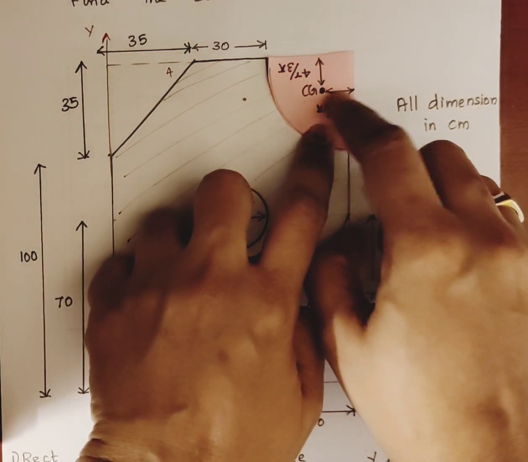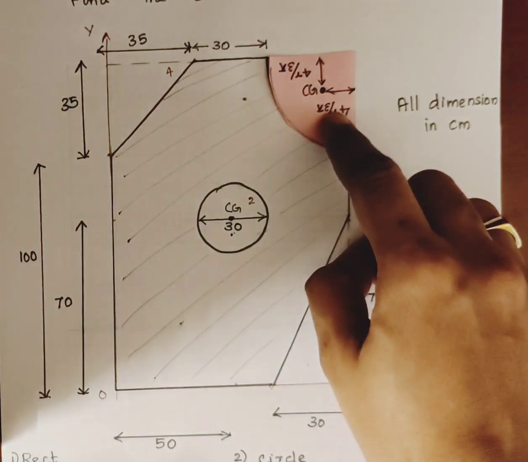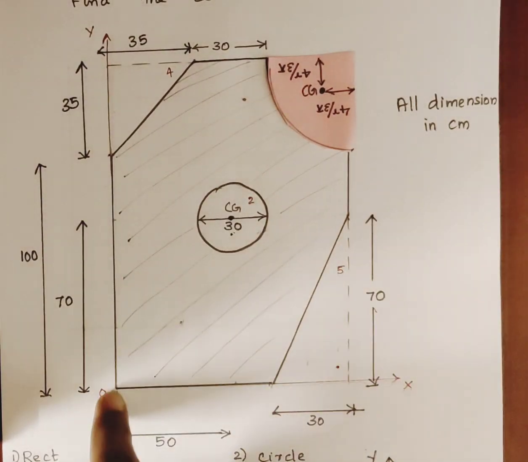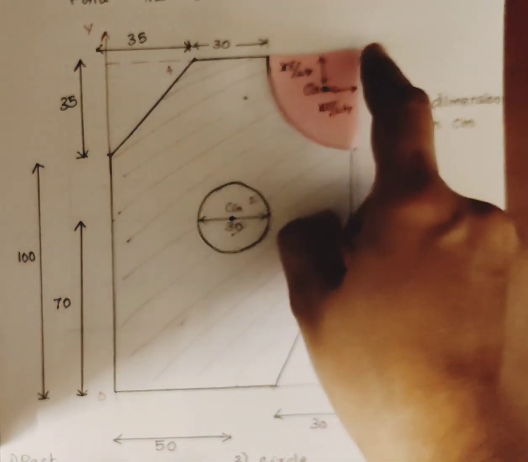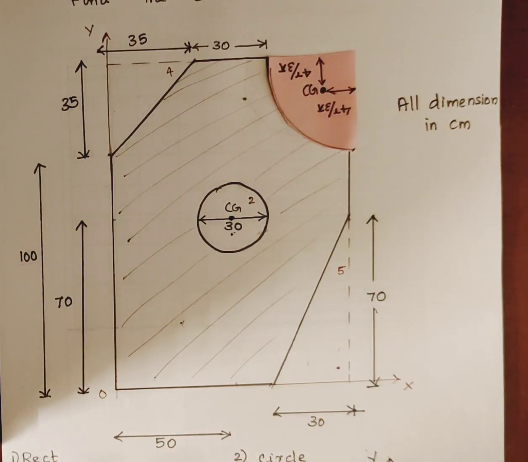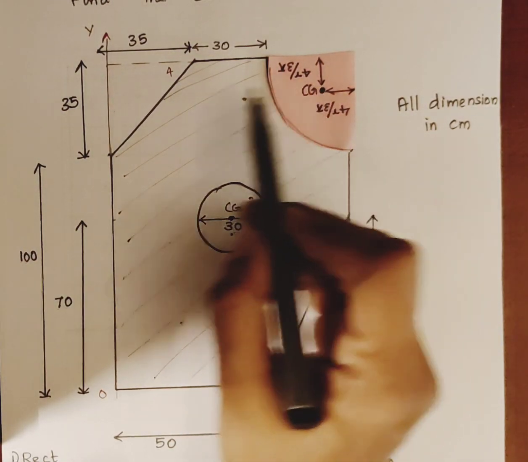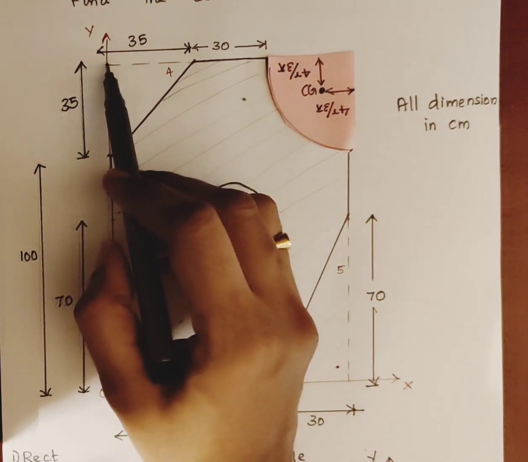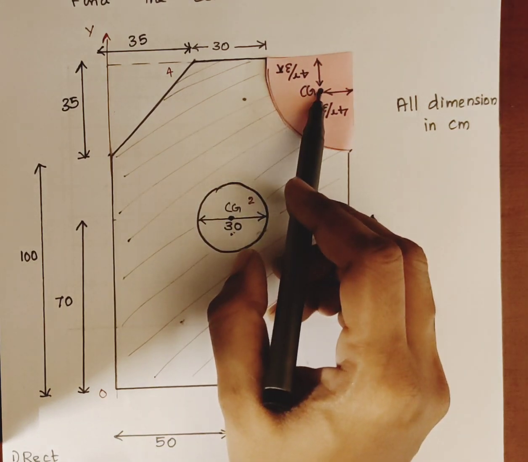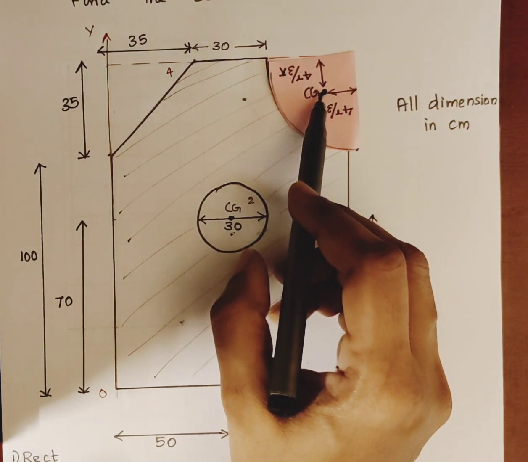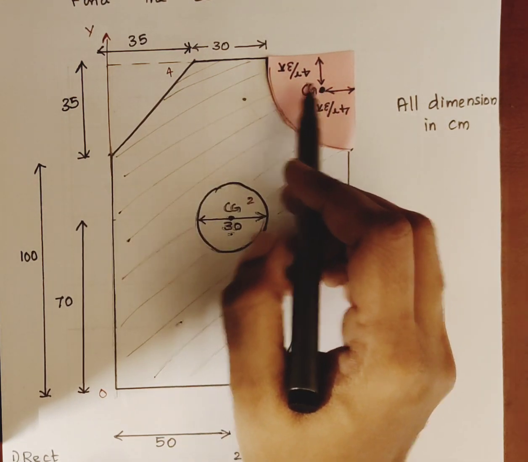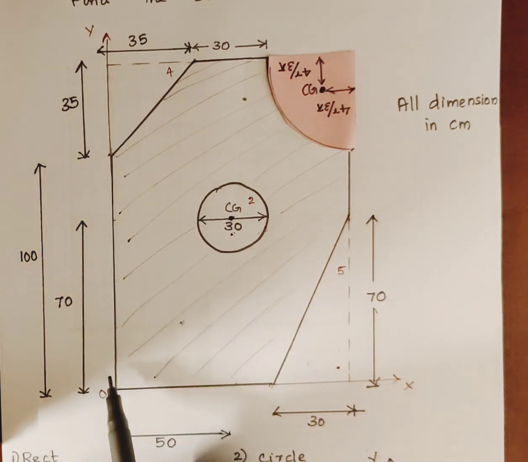So now this distance is equal to 4r by 3 pi. We have to get the centroidal distance with respect to the OY axis. So this total length is equal to 100. 100 minus 4r by 3 pi will give the distance from the centroid to the OY axis. That will give the position of the centroid with respect to the OY axis.